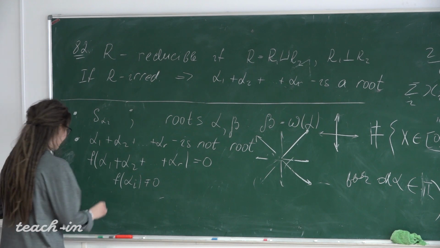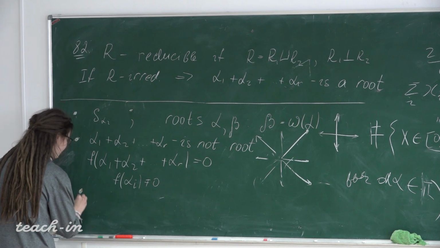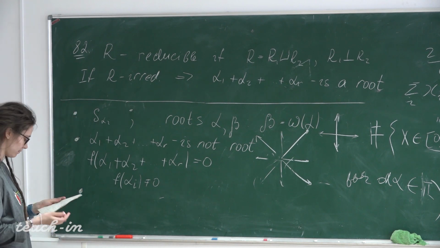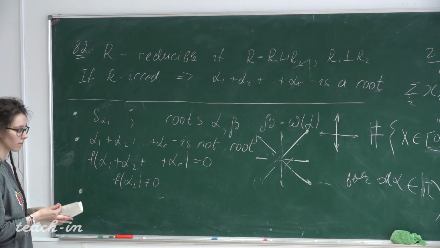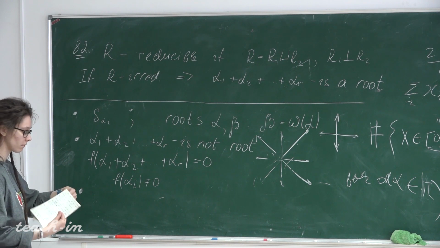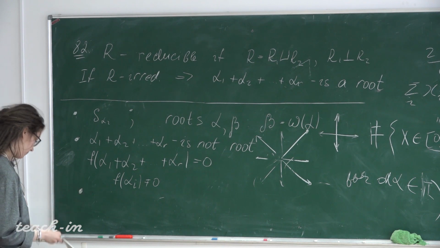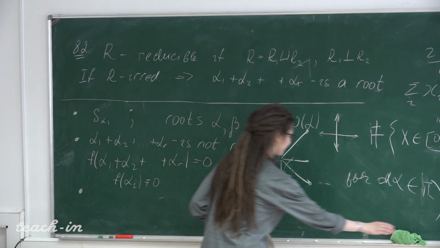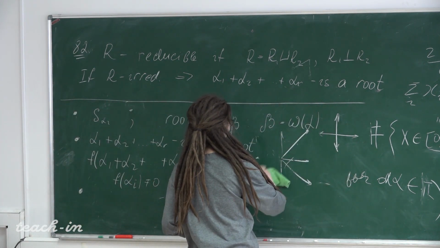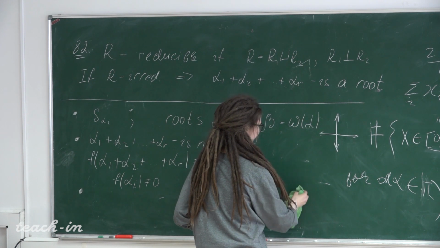If you take any vector, there is a non-zero functional such that if you plug this vector into it, it's not zero. So far it's okay, but you don't need the assumption that it's not a root yet.